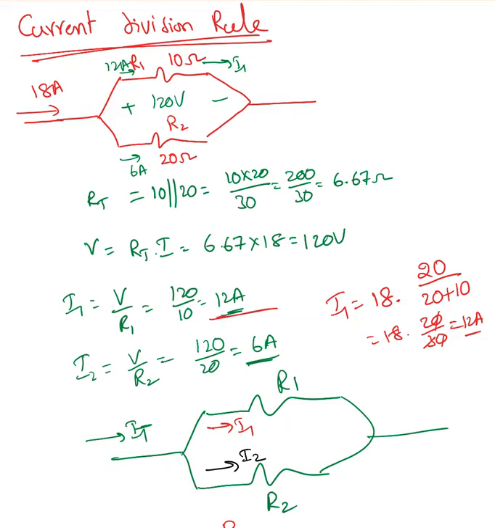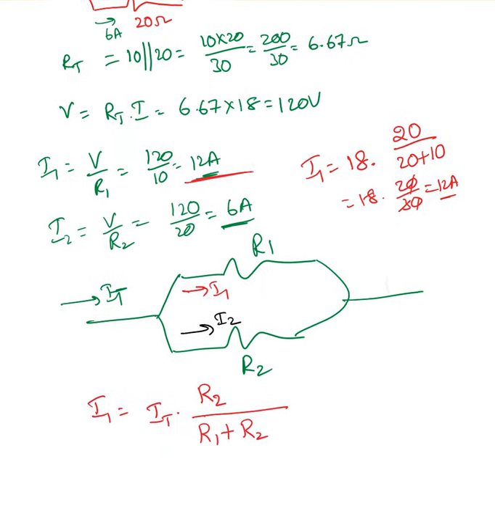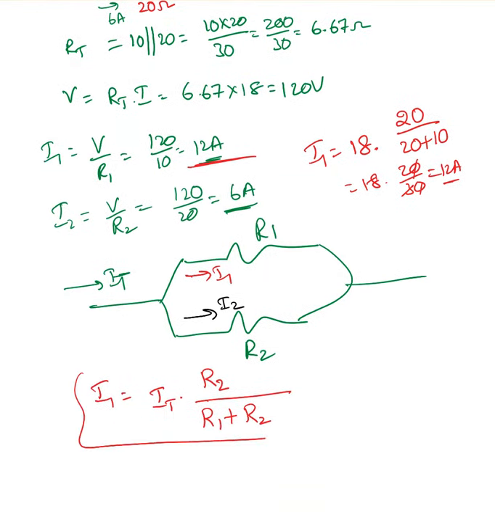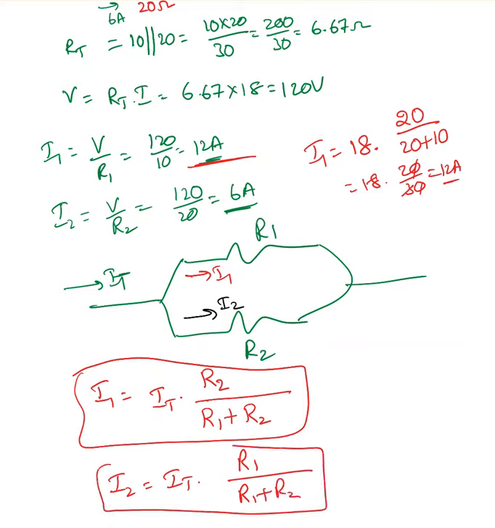That's what we end up with for I1. So if you know the current division rule, it's easy to find the individual currents if you know the total current and individual resistors. Same way, I2 equal to I total times R1 over R1 plus R2. That's the I2 value. So this is how you will find I1 and I2.